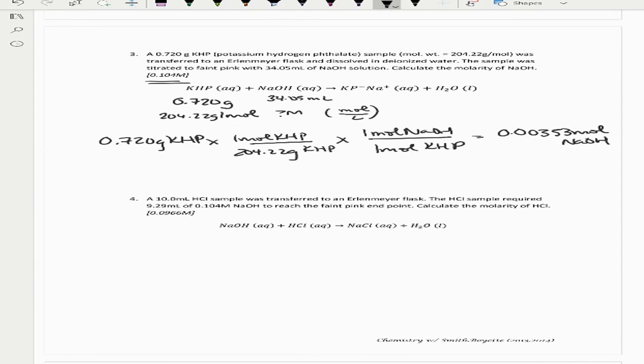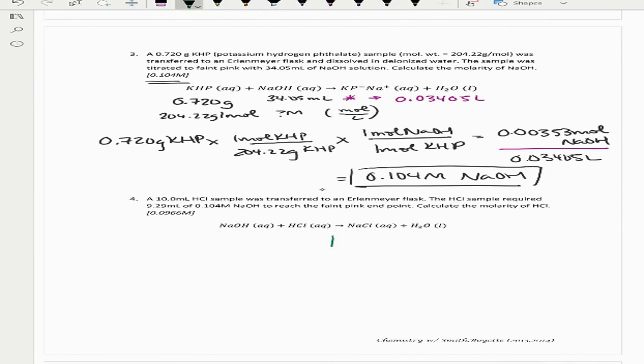And we must remember that molarity is moles over liters. So if we divide that by our milliliters, but in liters, which is 0.03405 liters, we're going to get a final concentration of 0.104 molar NaOH.